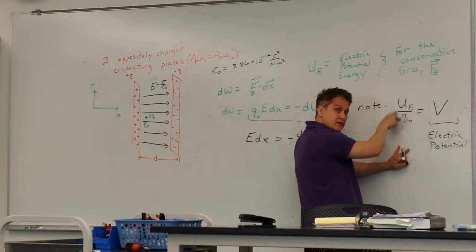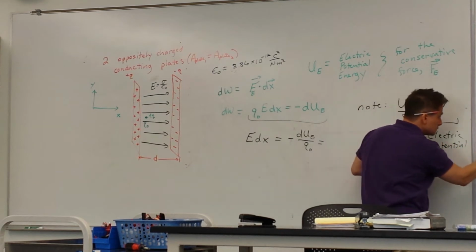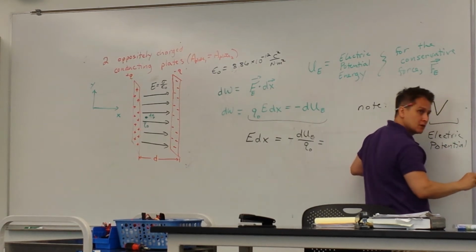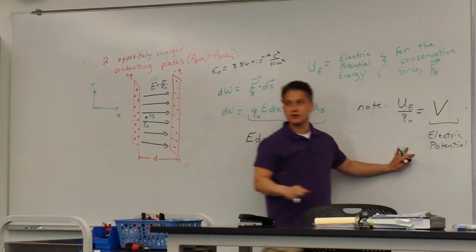Think about the units of this thing, they would be units of joules per coulomb. The definition of a volt is 1 joule per coulomb.